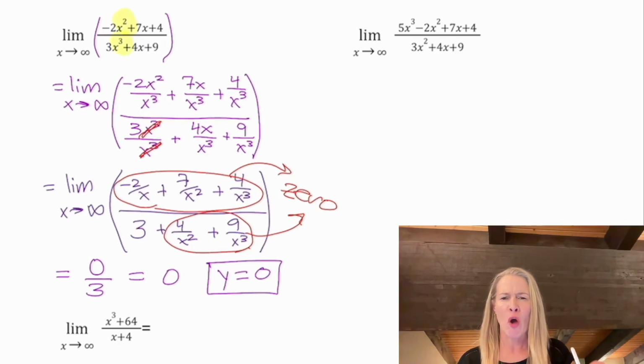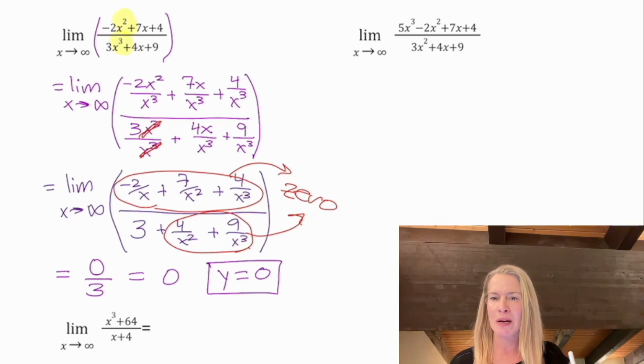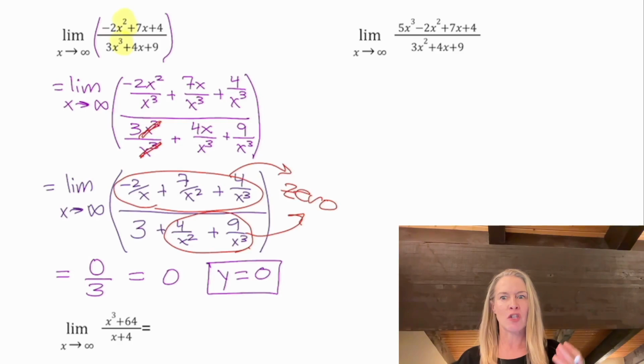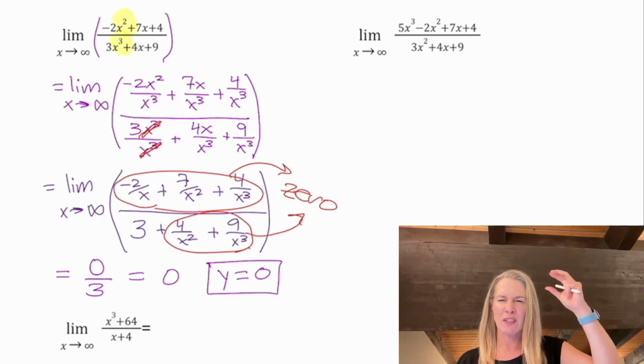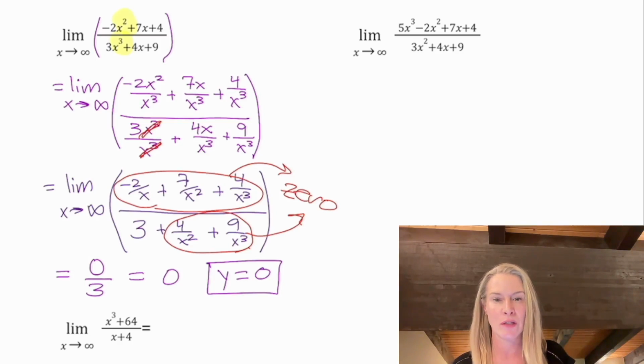So basically, we have more infinity in the denominator than we did in the numerator. So the denominator wins. The denominator is gigantic, and there's something lesser on the top. And usually if you have something over gigantic, that will go to 0. And look, we got 0 as our asymptote.